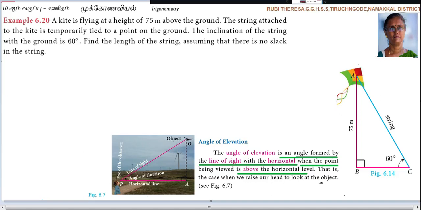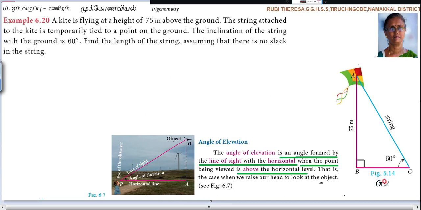A kite is flying at a height of 75 meters above the ground. Which is the ground?